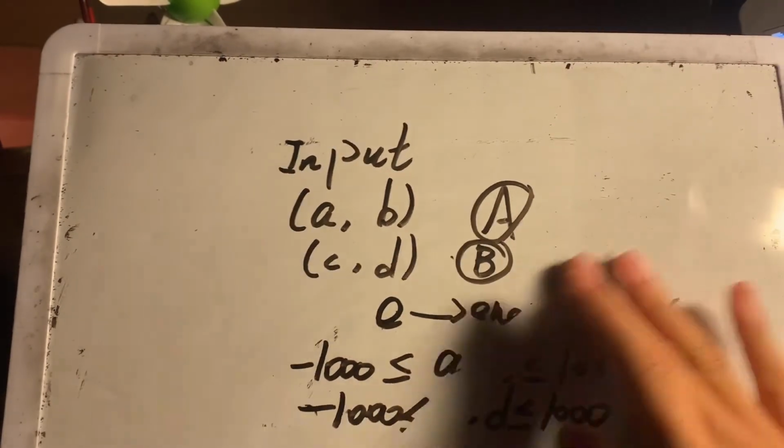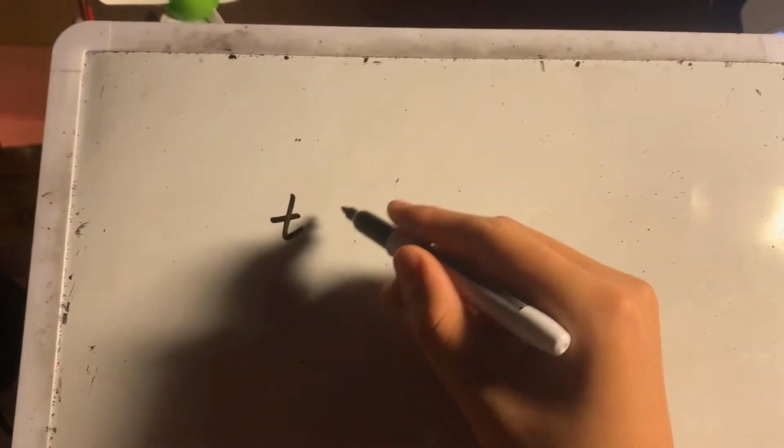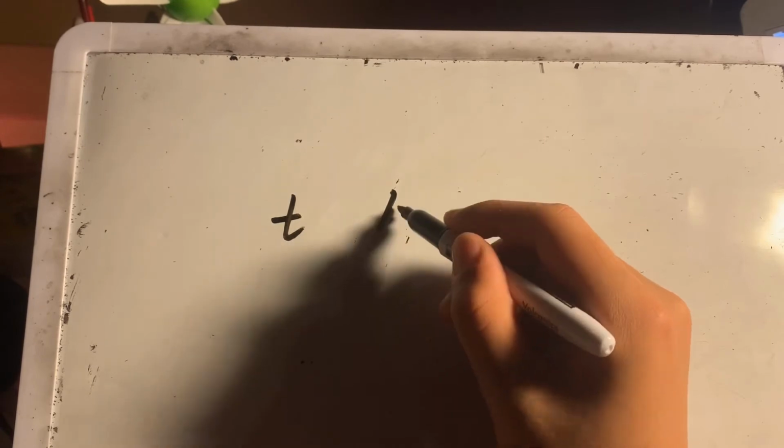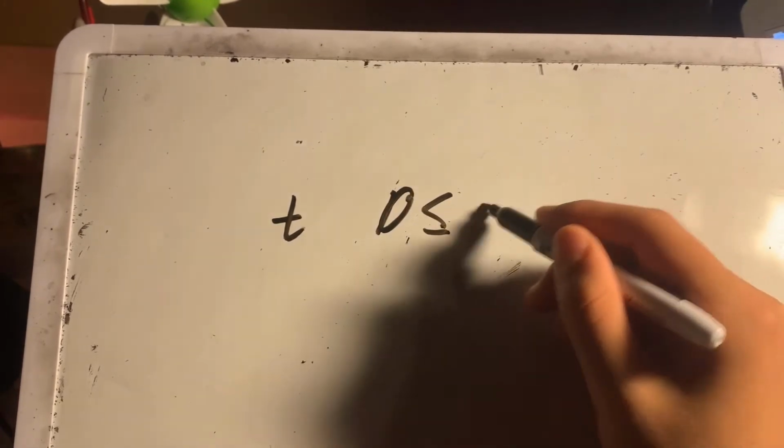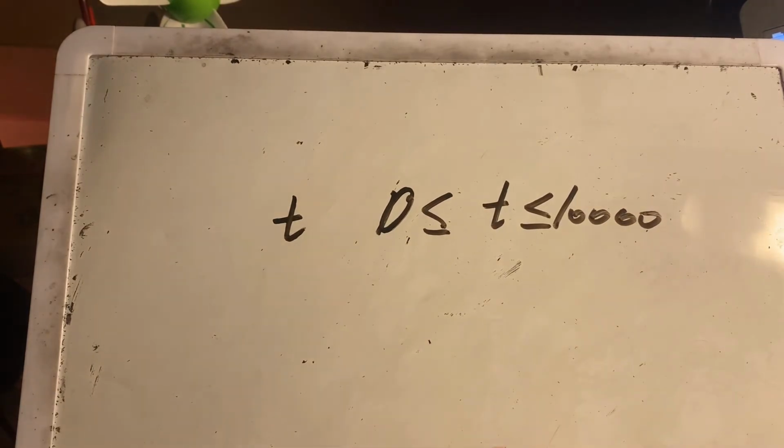The third line contains integer T, which represents the total energy you have. It has a range of this. And there are some exceptions.